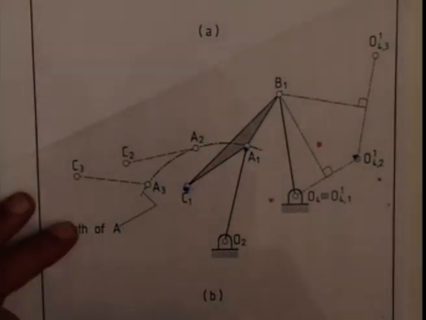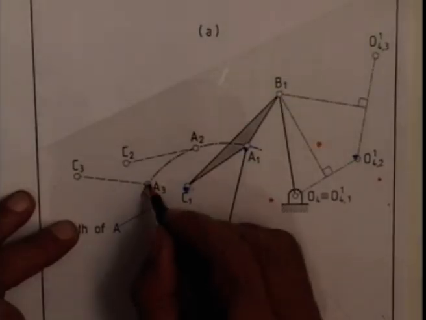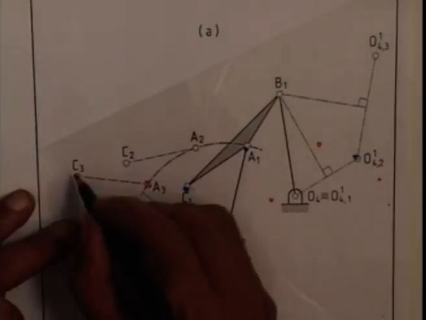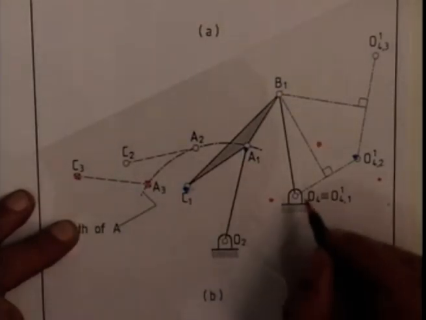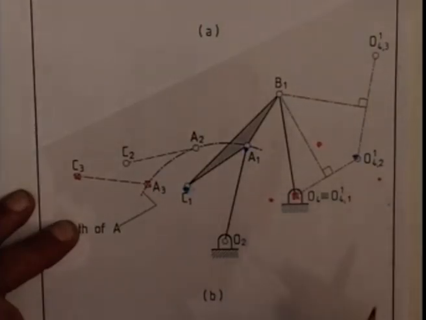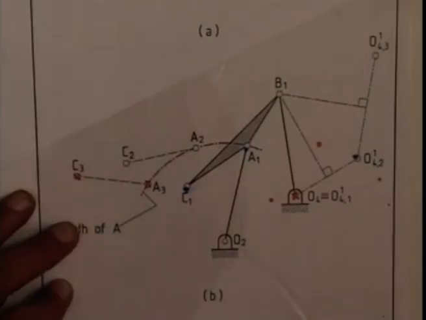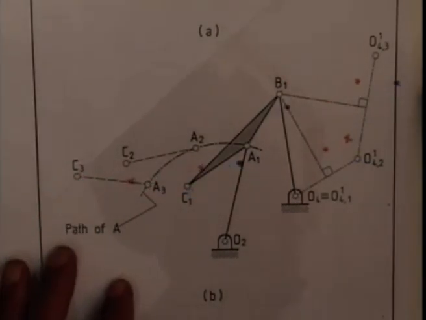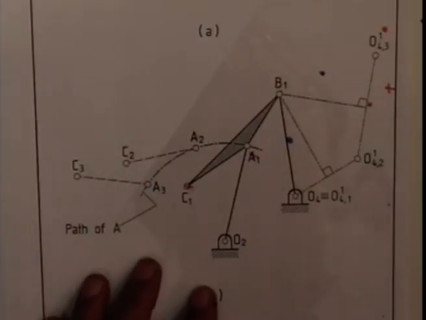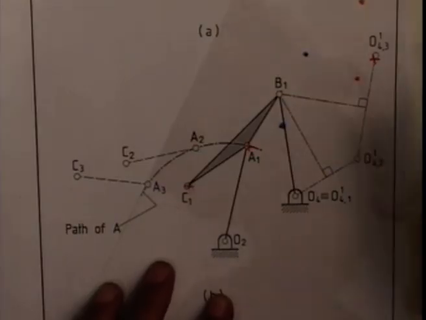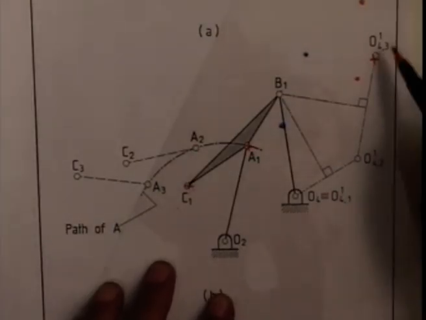Similarly, we mark A3, C3 and O4. These are the relative positions of A, C and O4 in the third configuration. Because we are inverting on the first configuration, I take C3 to C1 and A3 to A1, and wherever O4 goes, that I call O4 3 1.